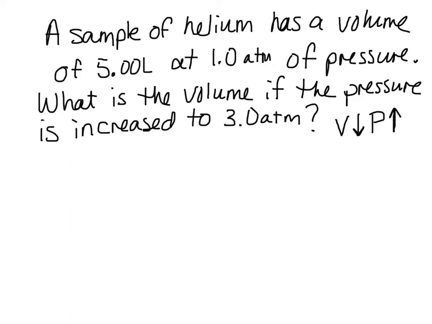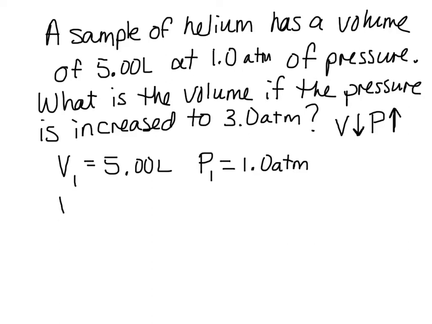Volume 1 is 5 liters at 1 atmosphere of pressure, so pressure 1 is 1 atmosphere. What is the volume? They want us to find the second volume, so we don't know that. If the pressure is increased to 3 atmospheres, pressure 2 is 3 atmospheres.